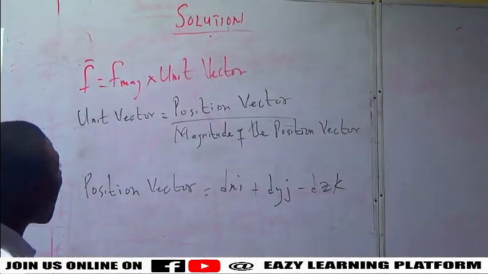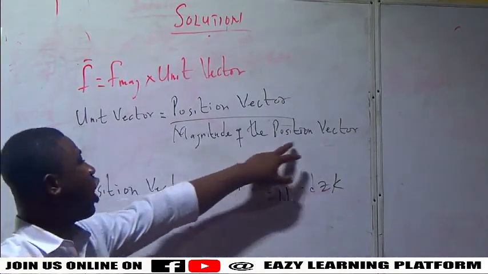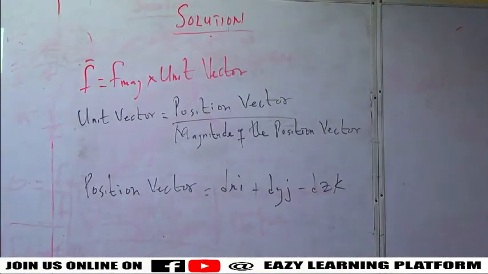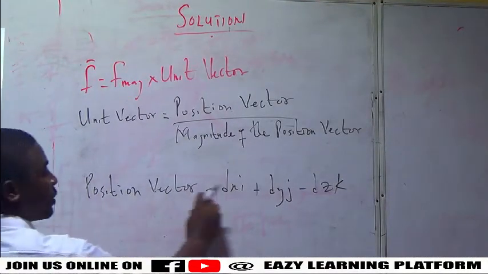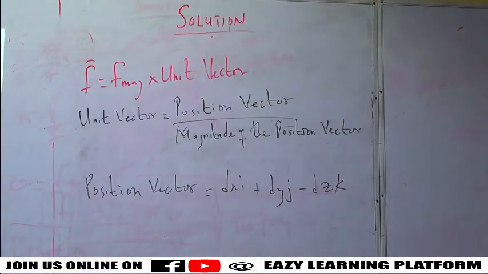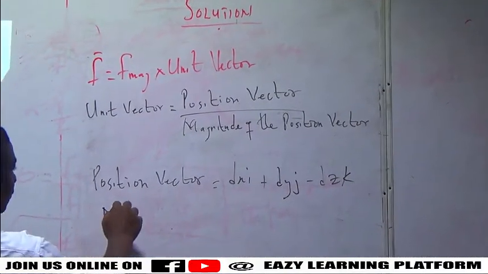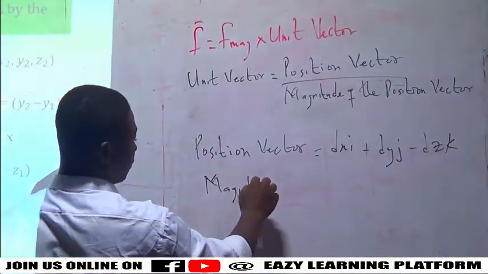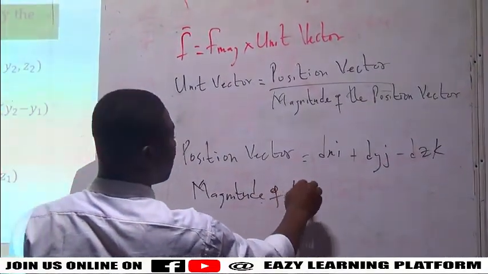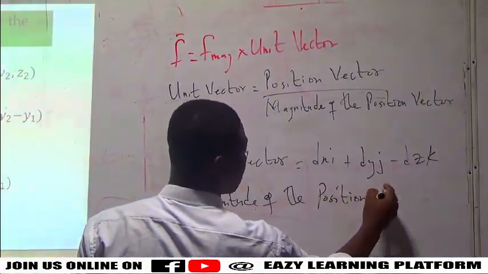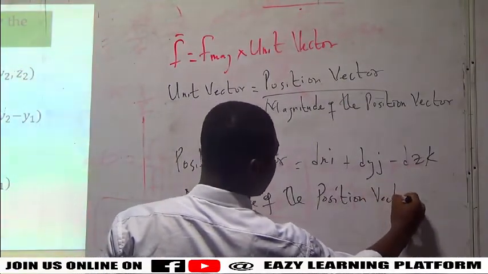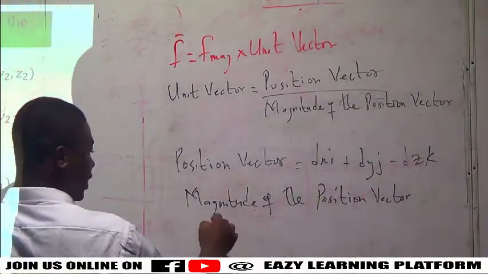So how would you find the magnitude of the position vector? This is the position vector, so I'm going to find the magnitude of the position vector.